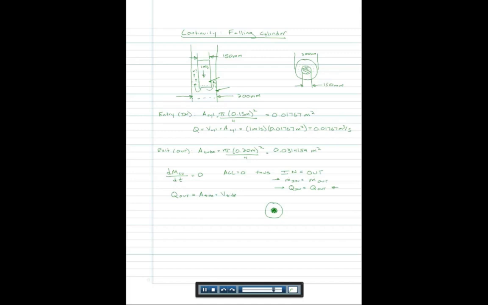And so the water is coming up through this open area, and we want to find the net space there. We found the area of the tube previously. What we also want to know is the cross-sectional area of the cylinder itself, which we've already found previously here. And so the area of the side is going to be the difference between the two.